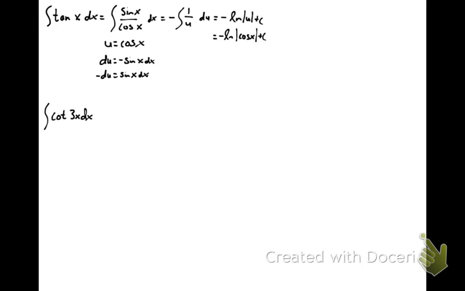Again, I'm not sure offhand what's going to happen with the cotangent of 3x dx, but I do know that I can rewrite this as the cosine of 3x over the sine of 3x dx, and that if u equals the sine of 3x, that means that du equals 3 cosine 3x dx, or dividing both sides by 3, a third of du equals cosine of 3x dx.